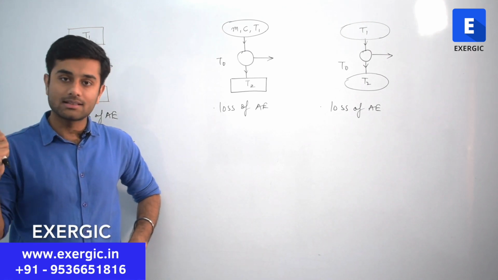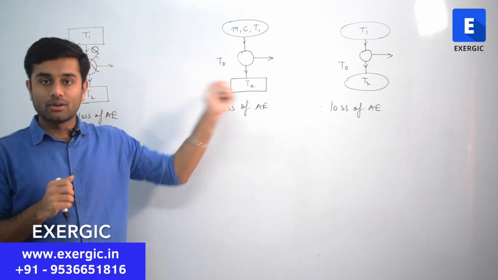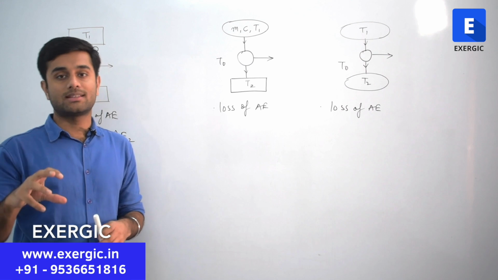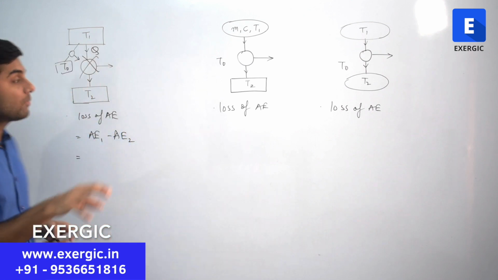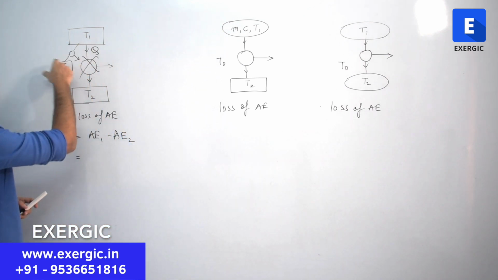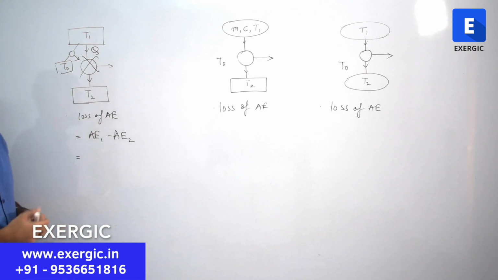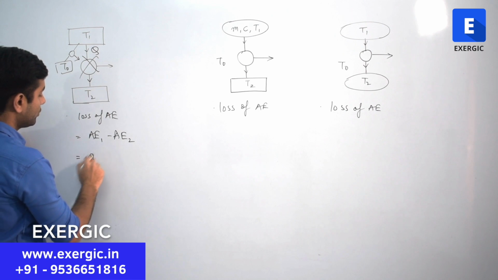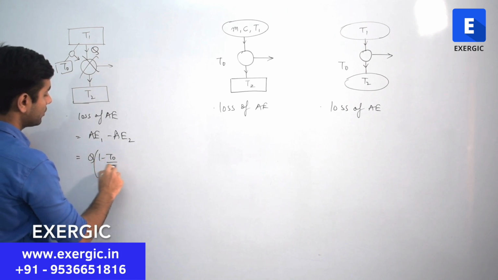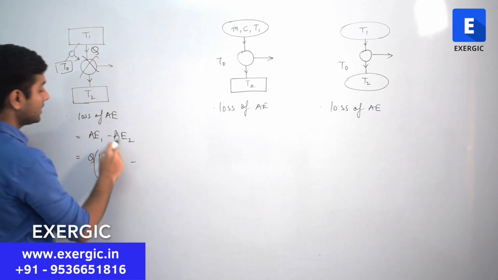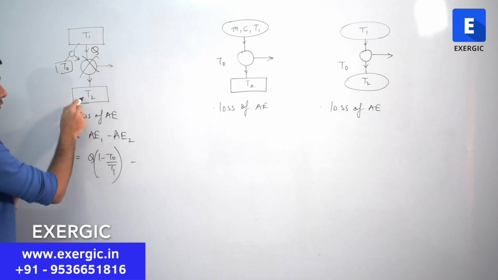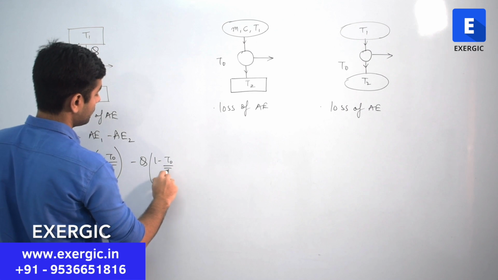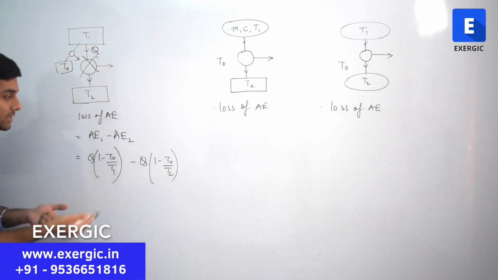We did 3 cases earlier, and that was the case of just 2 reservoirs. So the same results are to be applied, firstly for T1 and T0, then for T2 and T0. So for T1 and T0, AE1 is equal to Q1 times (1 minus T0 by T1). Similarly, AE2, the available energy that can be extracted from 2, is Q1 times (1 minus T0 by T2). This is the loss in available energy.